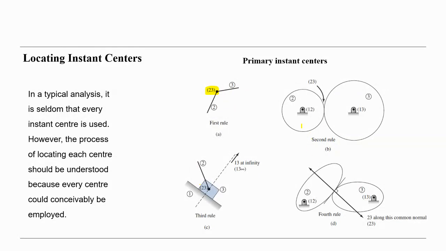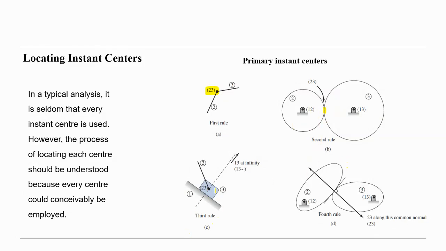And if we have a gear pair like this, this is the instant center here, 2, 3. That means both of them are turning about this center.